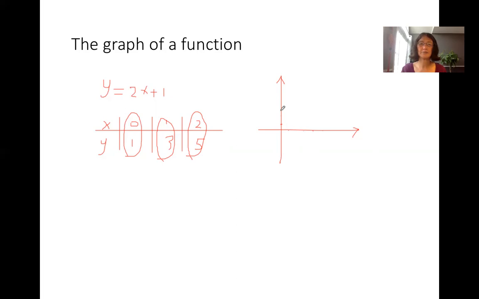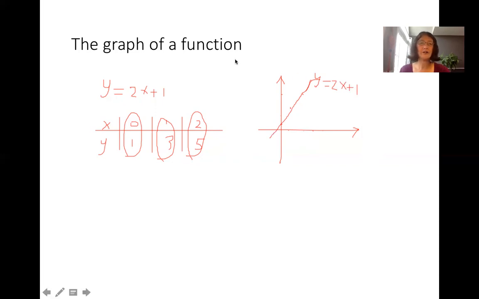When x equal to 2, y equal to 5, 5 may be here. And then you draw a line. This line is y equal to 2x plus 1. So this is drawing by hand.